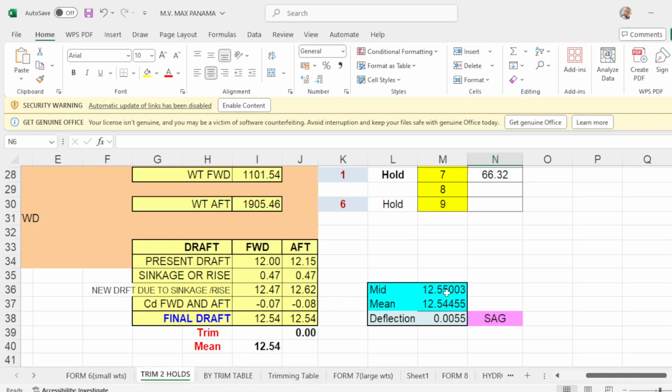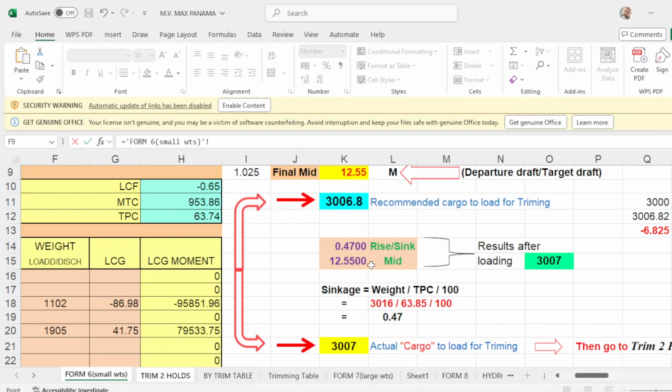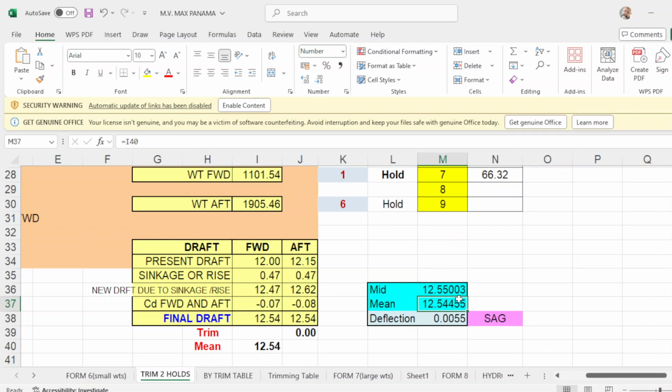So how to get this mid, you just put equals there, press equals, go to form 6 and click this mid, actual mid drop of 12.55. Press enter, then here, your main drop, put equals, plus, this will be your main drop, and you have a 0 trim.